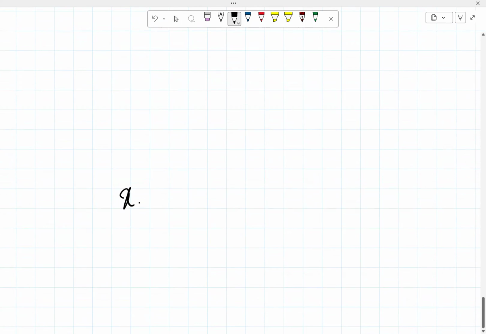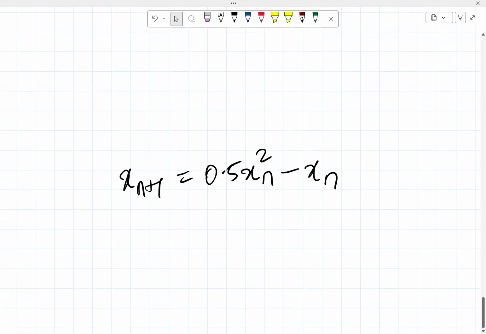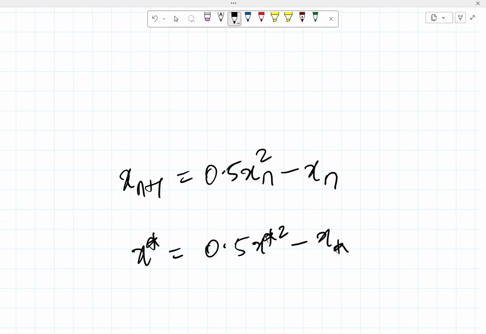So if you had x n plus 1 equals 0.5 x n raised to power 2, or minus, say, even x n if you like, all you need to do is change every x you see to x star. So x star is 0.5 x star squared, if you like, minus x star. Then you can work with this whole idea, and you get what you need to get. So that's how that goes.